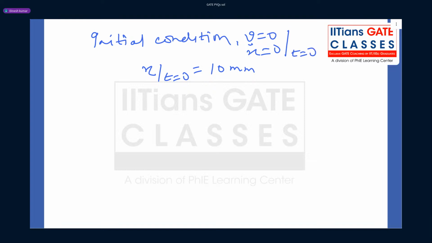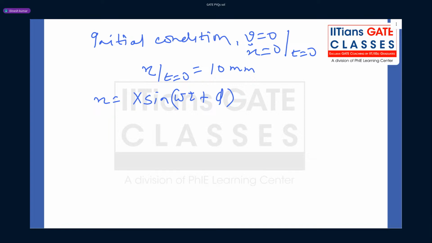Now guys, let's take x as my solution, and it is given by amplitude X sine of omega t plus some phase angle phi. This is how my solution is given.